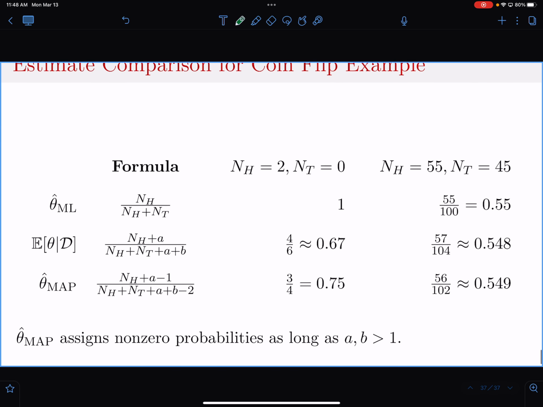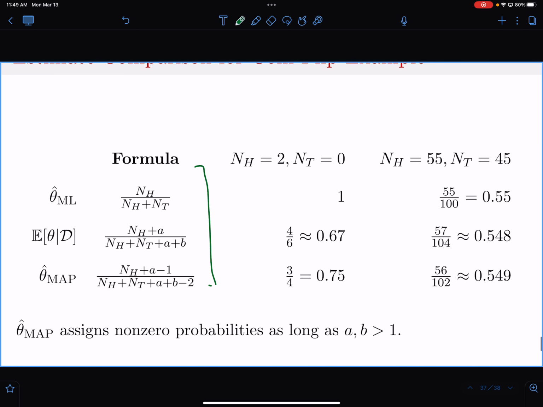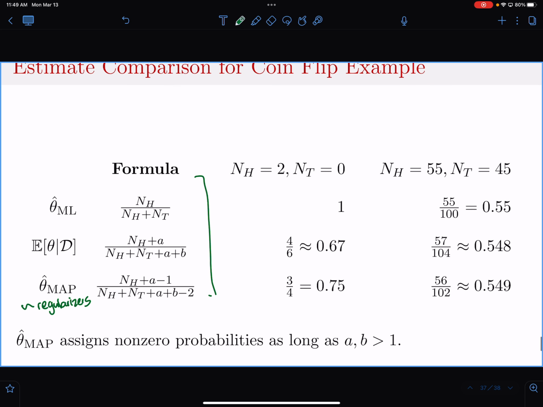So this is the formula for what theta becomes. And you can see if you have very few examples, theta maximum likelihood is going to probably overfit to your actual data set. Whereas you can view these as roughly regularizers, where we're regularizing towards our prior now in this Bayesian setting. So theta MAP is going to be 0.675, and the expected value of theta is 0.67 in this case.